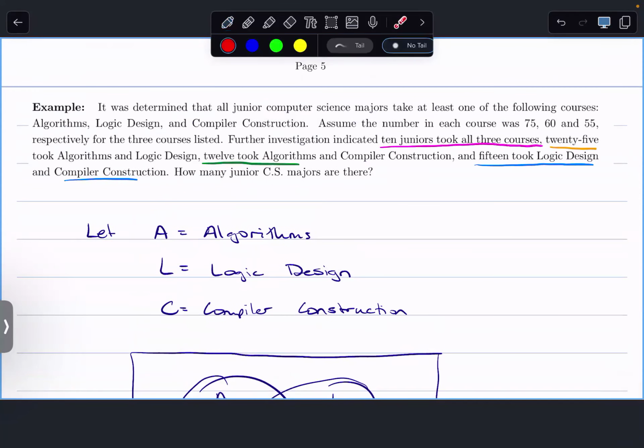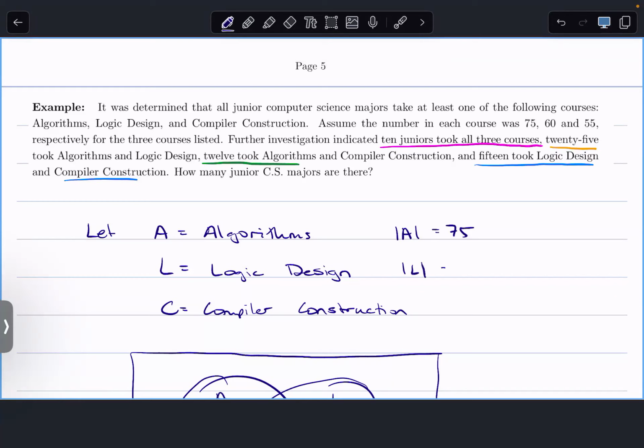Now I'm going to write this down so I don't have to scroll around so much. The cardinality of A is 75. The cardinality of L is 60. And the cardinality of C is 55, just grabbing those numbers from up here.